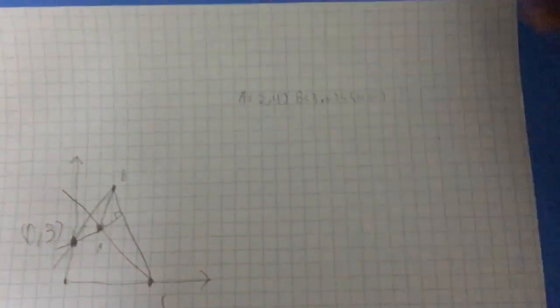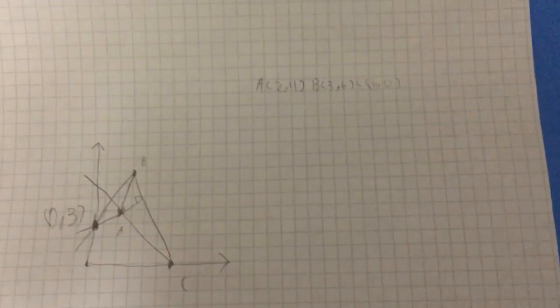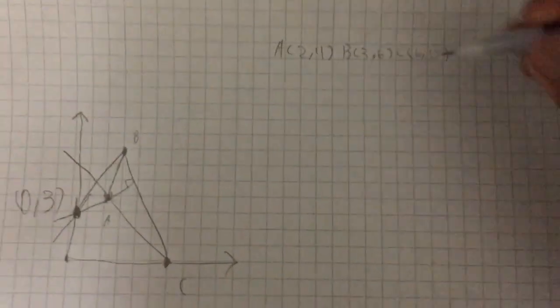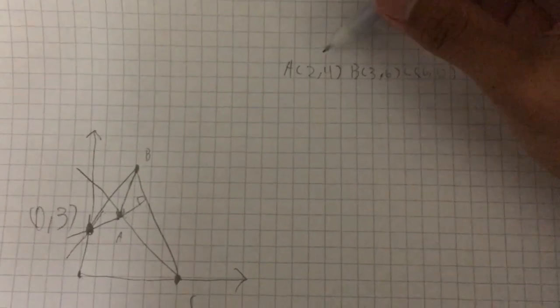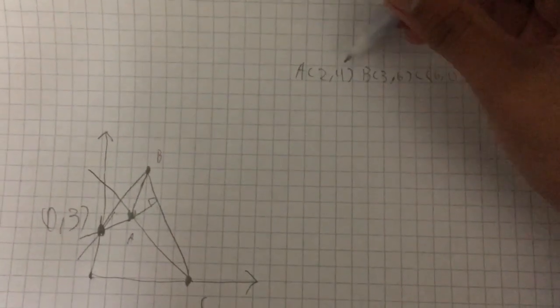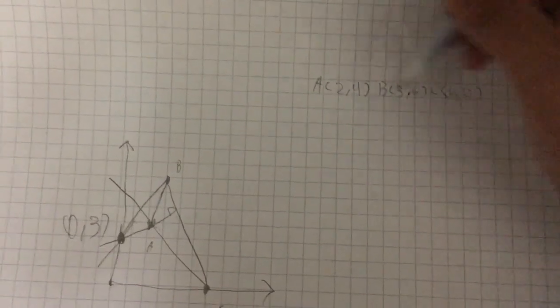Yep. And so we'll do the altitude containing C. So for the altitude containing C, first of all, we need to find the slope of the perpendicular line of these two.